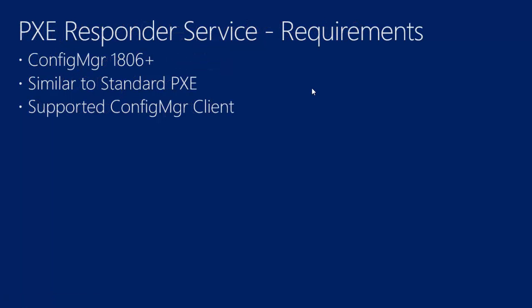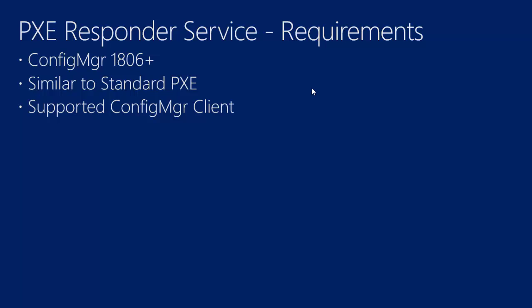So what are the requirements for the PXE Responder Service? Very simple, really. Config Manager 1806 or better. The requirements are similar to standard PXE, meaning in terms of networking, the IP helper in certain situations, and so forth. There is nothing specific in terms of boundary group configurations that is required.